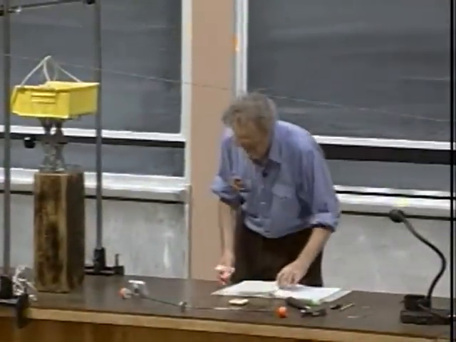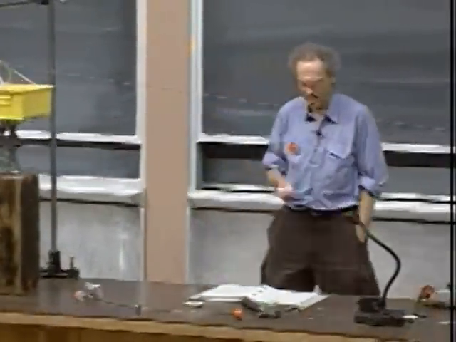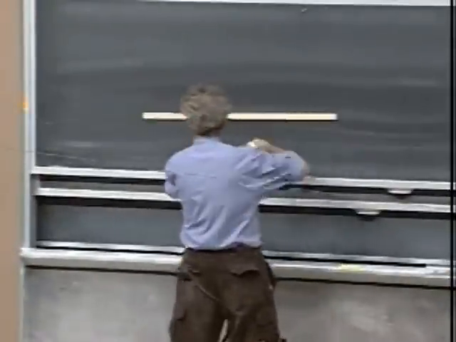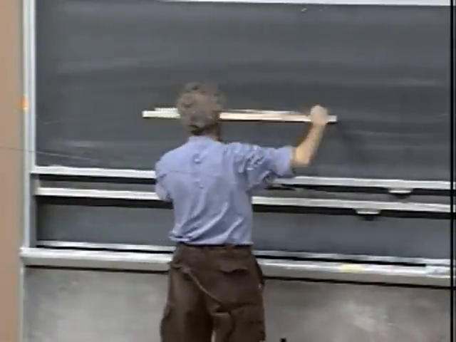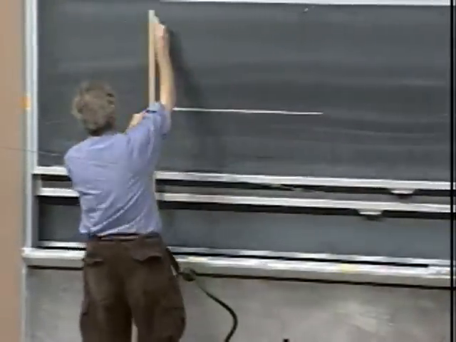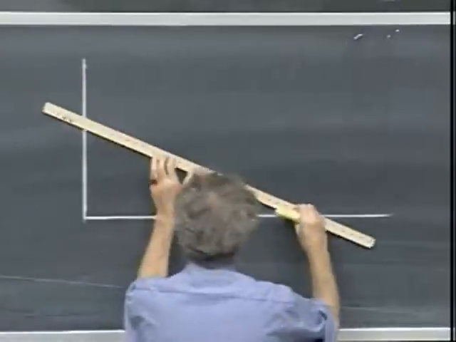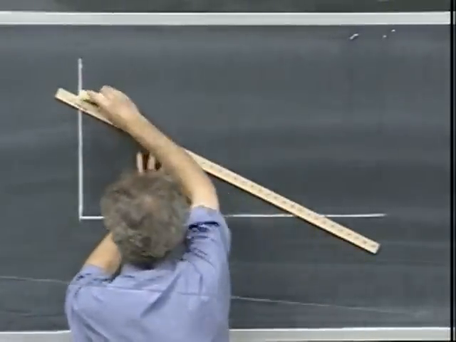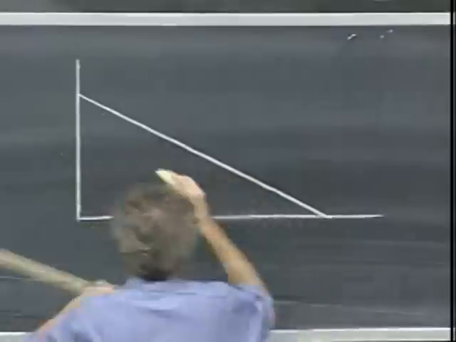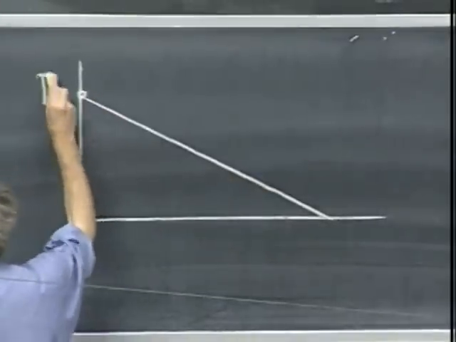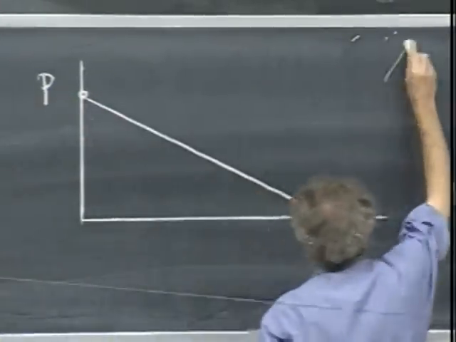So today I have chosen a ladder as my subject of static equilibrium. I put a ladder against a wall. Here's a wall, and this is the ladder. At point P, where the wall is, let's say there is no friction.